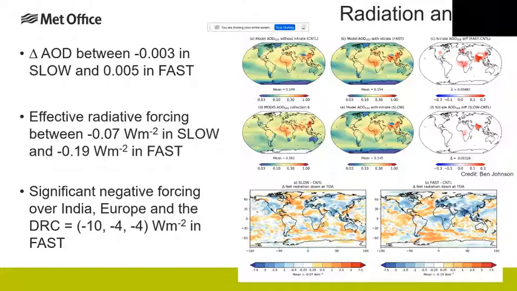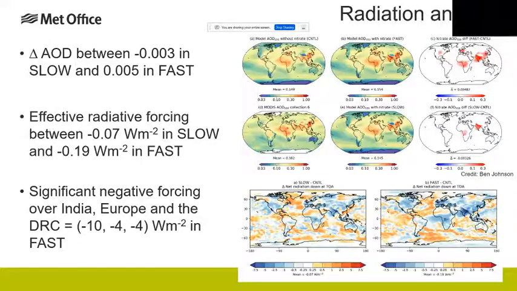So now the more important thing is, what's the impact of ammonium nitrate and coarse nitrate on the climate? You can see that there are relatively small global mean AOD changes, minus 0.003 in slow and minus 0.005 in fast.